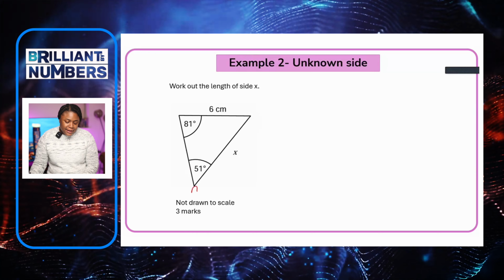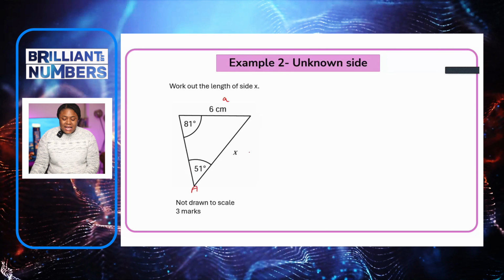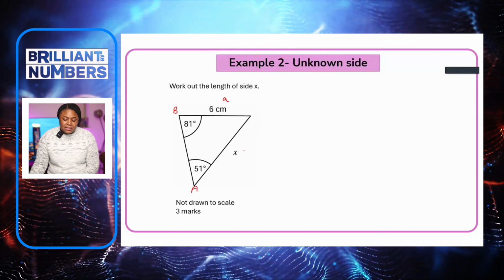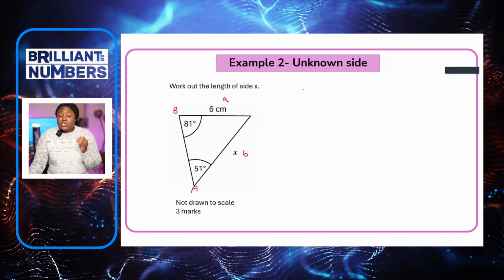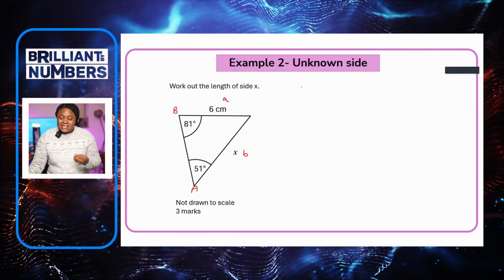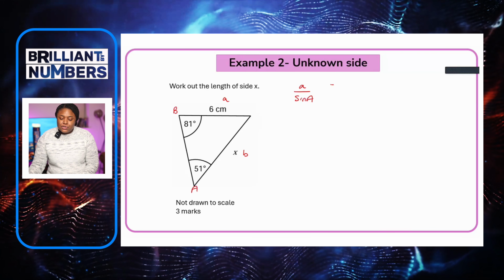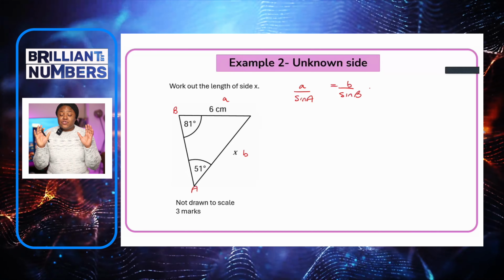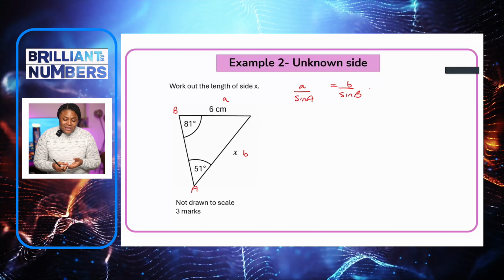So let's call that A and little a. And 81 degrees and x are also the matching pair. So let's call that B and little b. So we write our formula out again. Our sine rule for length states that a over sine A is equal to b over sine B. So once we've done that, now what we need to do is to substitute our values in.